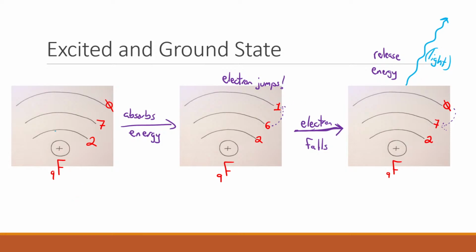And we have different words for these two states of electron configurations. The one we're used to, the one we learned about last time, is called a ground state. Right? That's the one that matches what's on the periodic table.